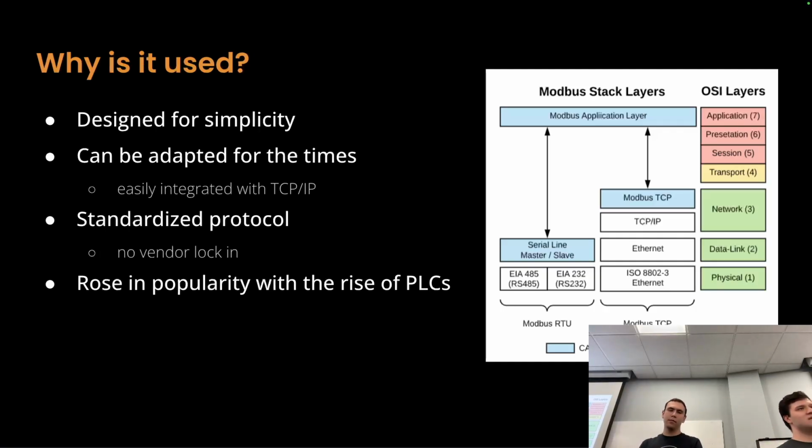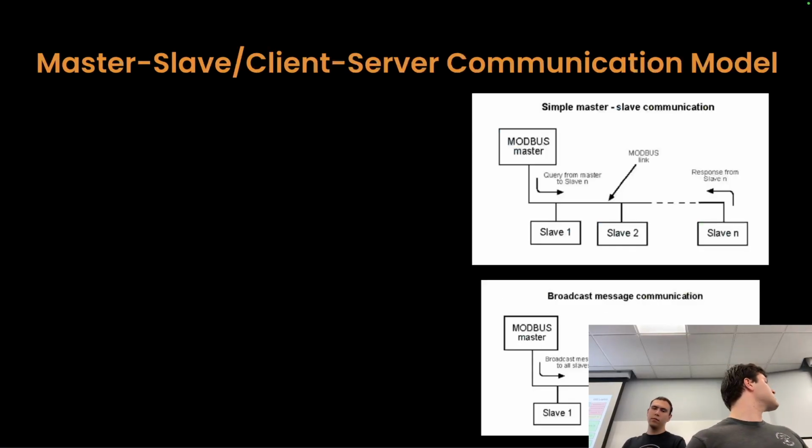It's also easily adaptable to different protocol suites and stacks. It was one of the first industrial protocols to utilize TCP, and it rose in popularity with the rise of PLCs, which will make more sense when we get into the weeds of how the protocol actually operates.